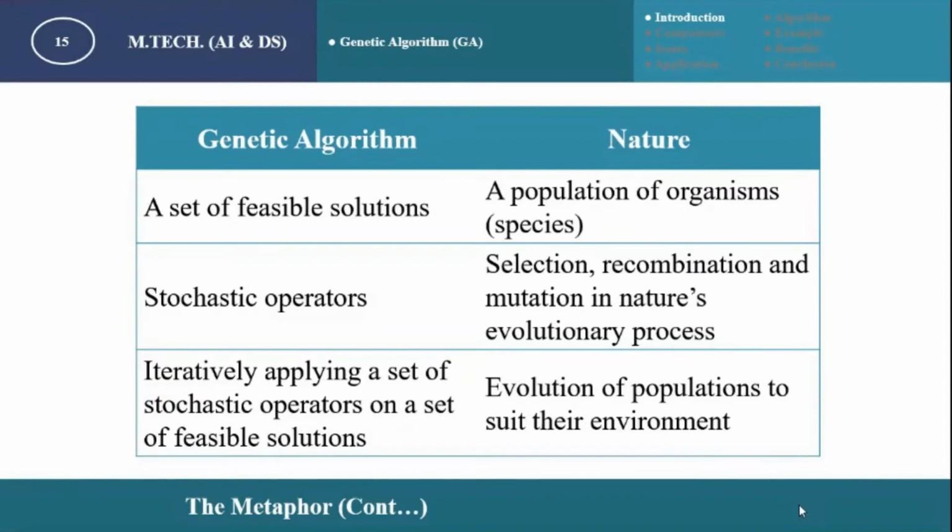Normally, it is considered to be a single species, the population of a single species. That is a single set of feasible solutions. Then come the stochastic operators, the different operators in the genetic algorithm. These are the selection, crossover, and mutation. These are the three stochastic operators that mainly happen in genetic algorithm. And in nature, it is the same as the selection of the parents who have to mate.